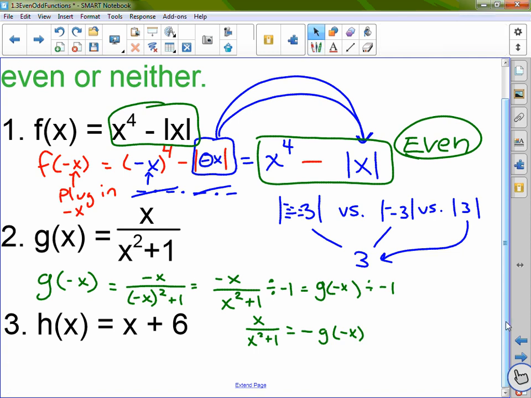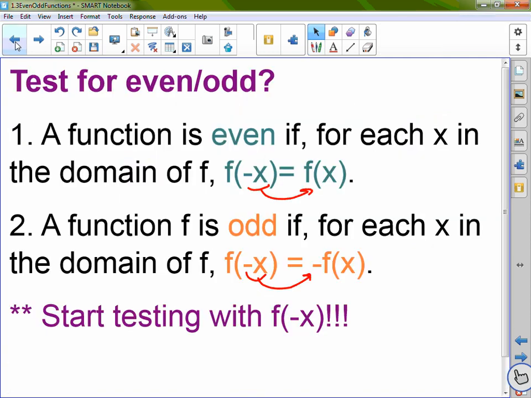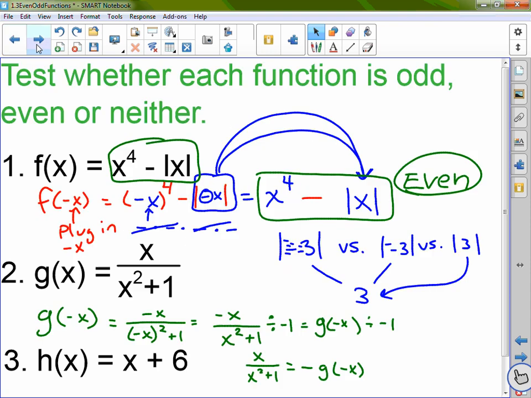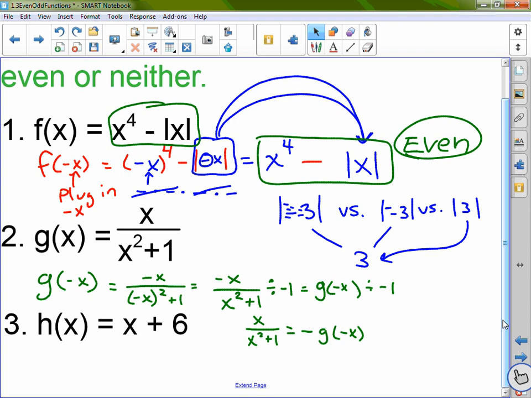And if we go back and look at our tests, we can see that if f is odd for each x in the domain of f, then f of negative x is equal to negative f of x. So we were able to get that double negative to show up, which shows us that this is an odd function.